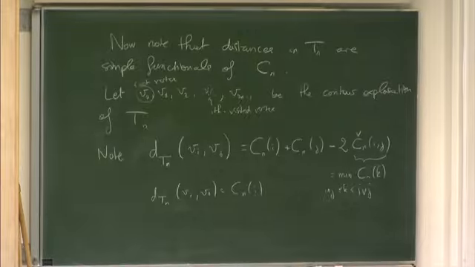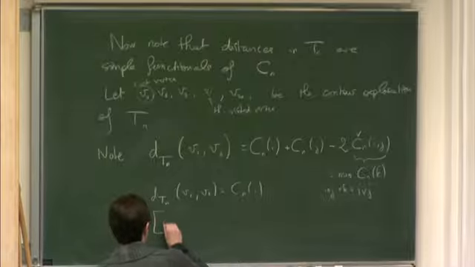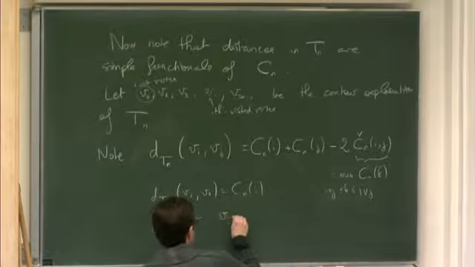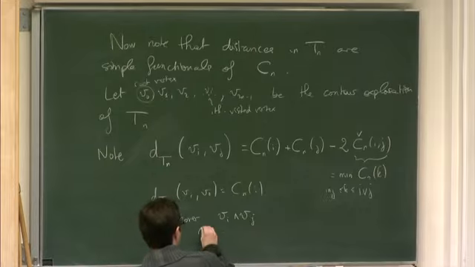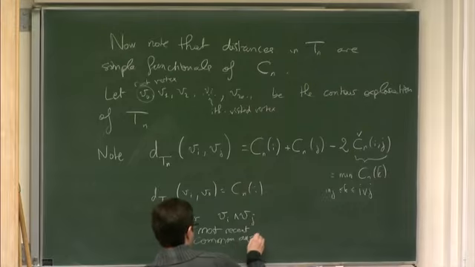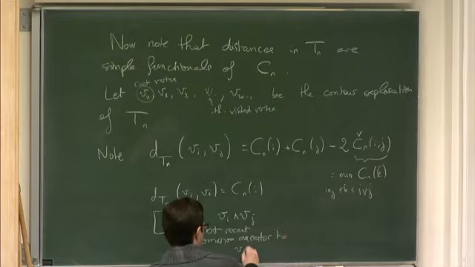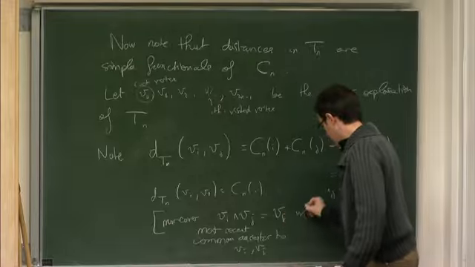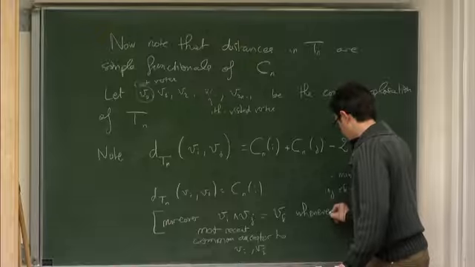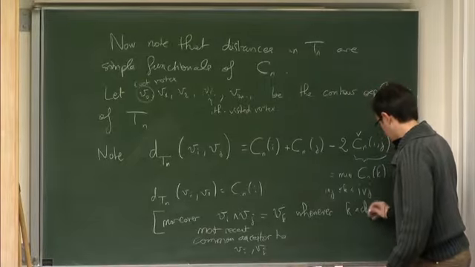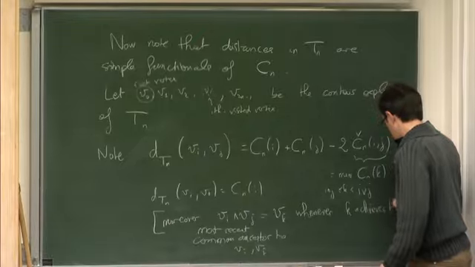And moreover, Vi min Vj, the most recent common ancestor to Vi and Vj, is also equal to Vk whenever k achieves this minimum.